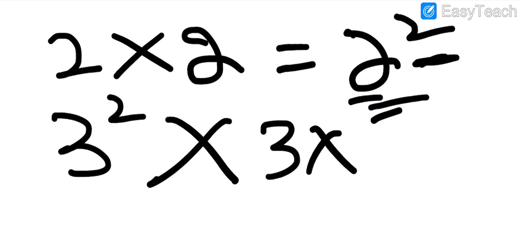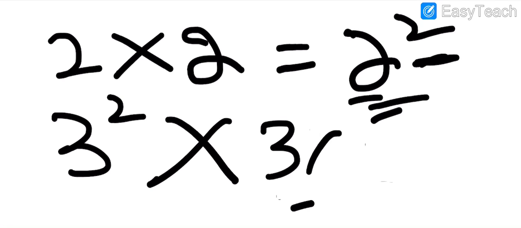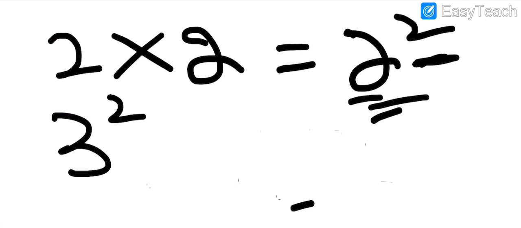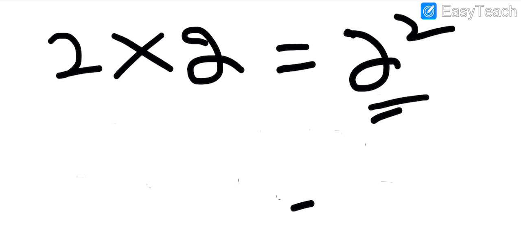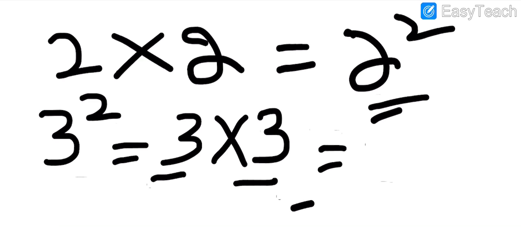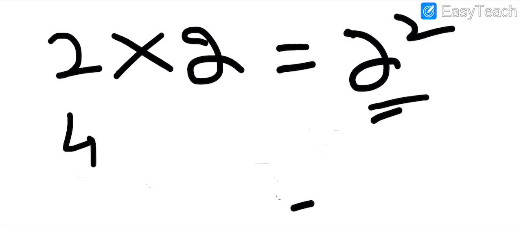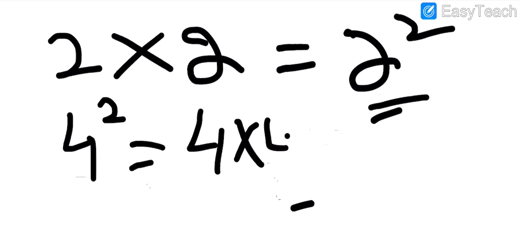Please don't. 3 will be multiplied to itself once more. 3 will come twice, meaning 9. Okay? Similarly, if I write 4 square, it means 4 into 4, which is 16.